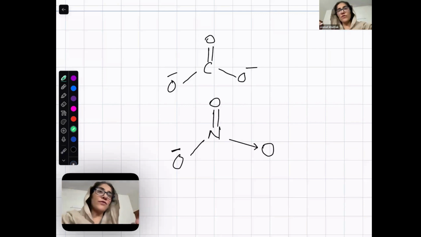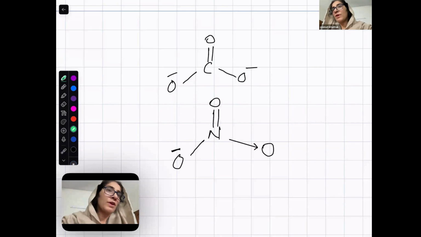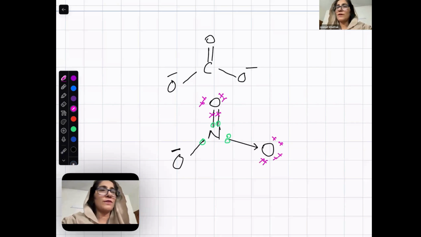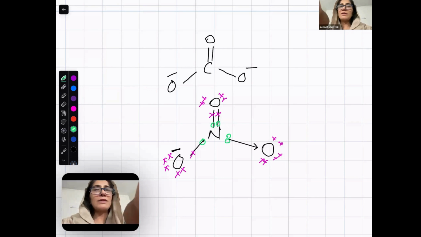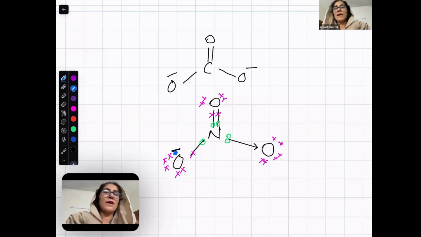Nitrogen is an element of group 5: 1, 2, 3, 4, 5. Oxygen: 1, 2, 3, 4, 5, 6. And this electron is from the outer side, therefore it's minus.